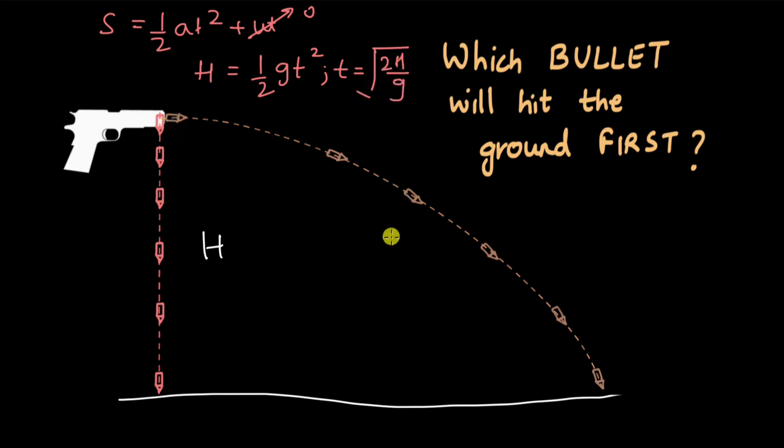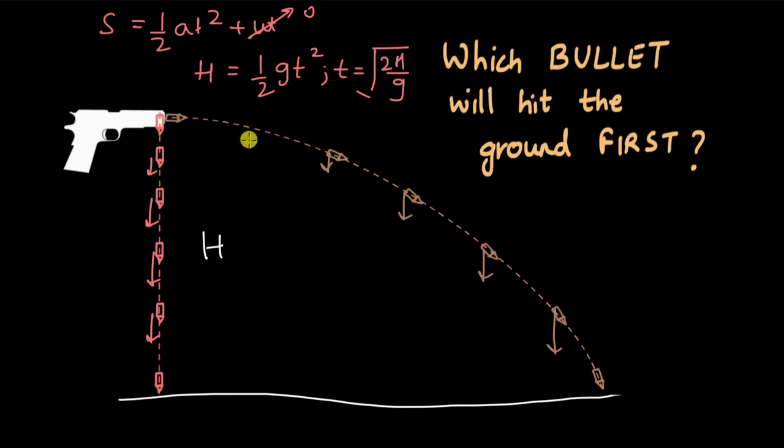Now if you look at the brown bullet, here if you look at only the y part of the journey, initially there is no velocity. At this point there is some, at this point there is more, at this point even more. So the vertical motion of this bullet is just like the vertical motion of this bullet. Even for this bullet, velocity increases some more, and then more.